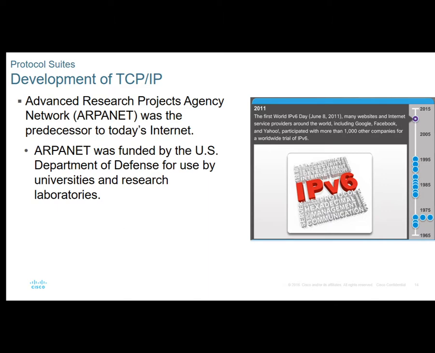So, development of TCP/IP: the Advanced Research Projects Agency Network, or ARPANET, was the predecessor of today's internet. ARPANET was funded by the U.S. Department of Defense for use by universities and research laboratories.